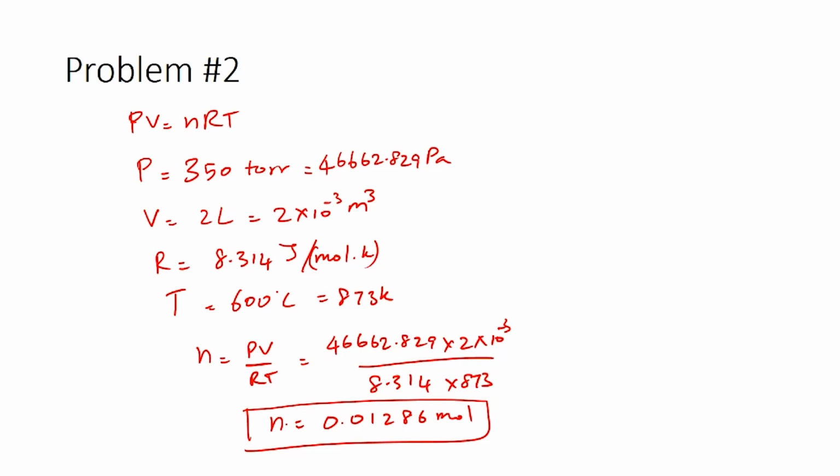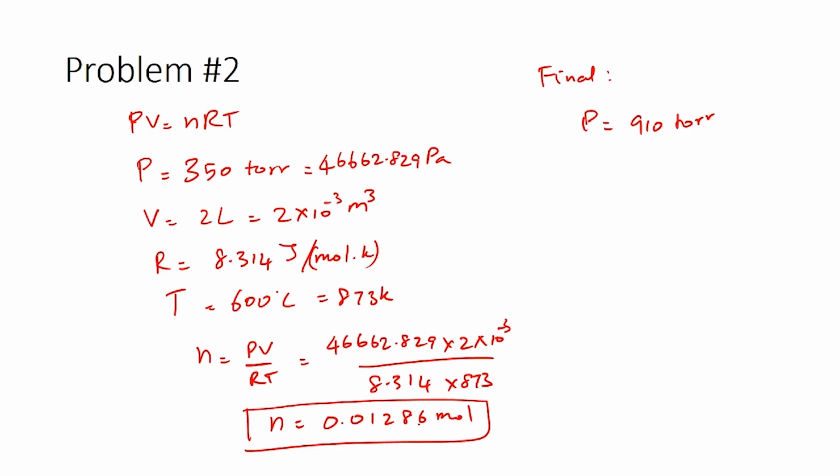The values we have done are for the initial condition. For the final condition we know that the pressure is 910 torr. If we assume that x moles of dimethyl ether which was initially given is consumed, we have 0.01286 moles of dimethyl ether initially.